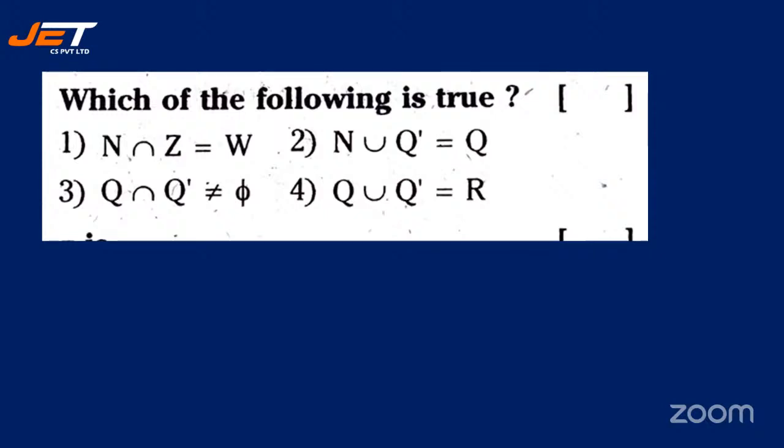Not equal to 5. Which of this is true, he is asking. All right. Which is correct? Which of the statements is correct? Intersection of natural numbers and integers is whole number. Union of natural numbers and irrational numbers is rational numbers.